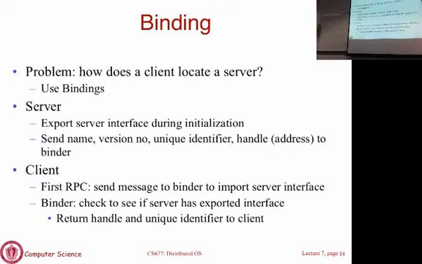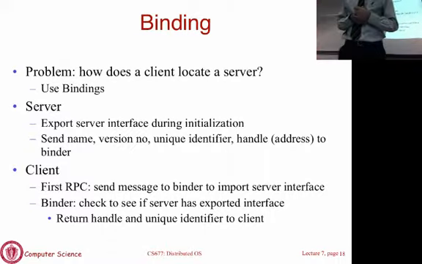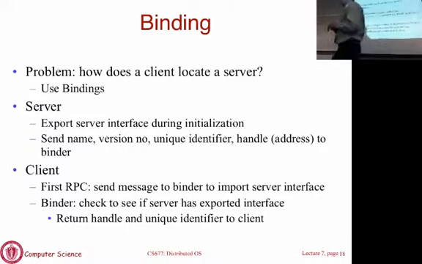Okay? Last point in an RPC system is how do you find the server? Neither the client nor the server put any IP addresses. As you saw, there are no IP addresses in there. How do you find where the server resides? Typically you use what's called a binder, which is the same as a directory service. I think I mentioned this last time.